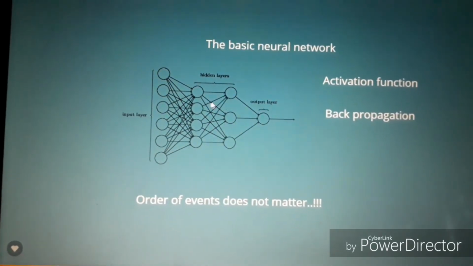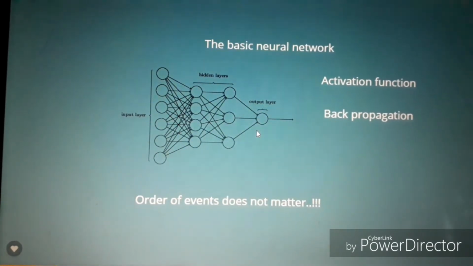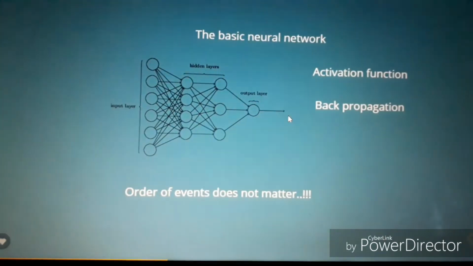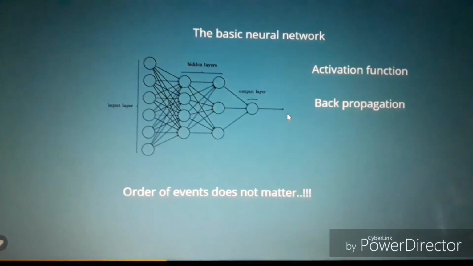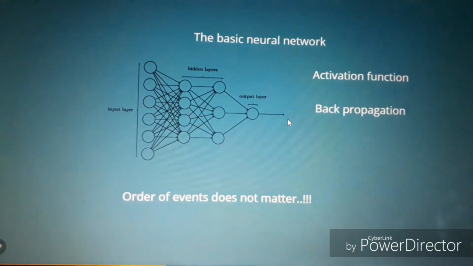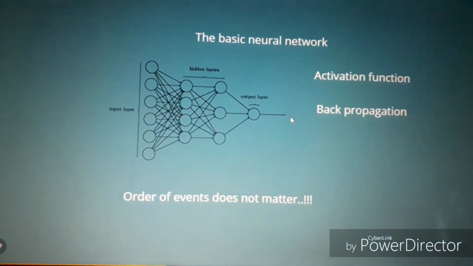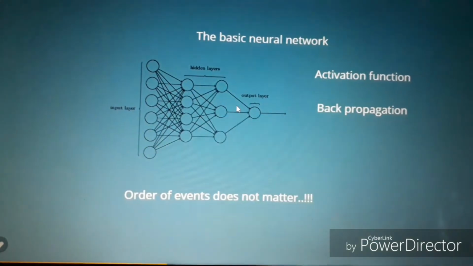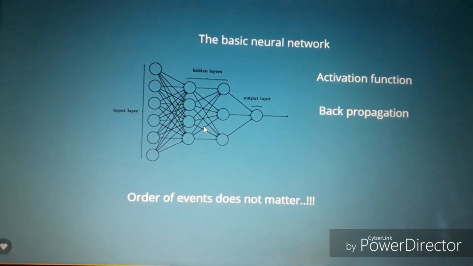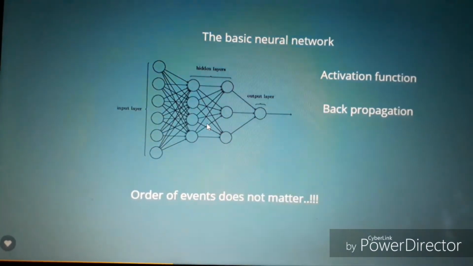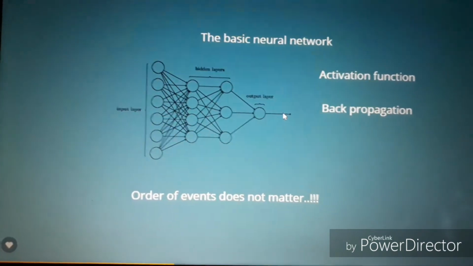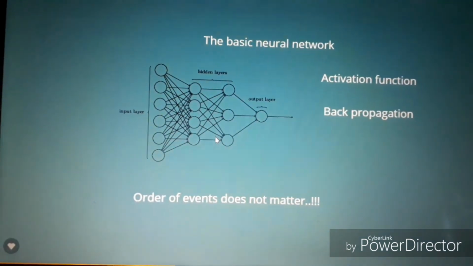Then we go to the output layer, and finally do the prediction. Now we compare the predicted value to the actual value, and we find the error. With this error we backpropagate, and now we modify our weights. The modification is done in a way to minimize the error, and hence our output would be closer to the actual output. This is how we learn those weights.